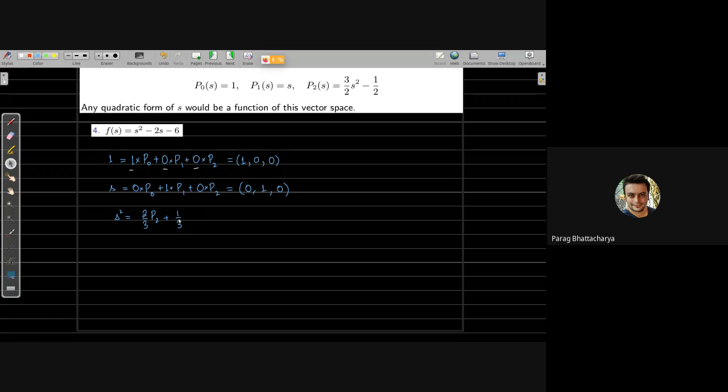This 1 by 3 is what is left behind, and there is a P2 here. This 1 by 3 into 1, and this 1 is nothing but P0. So I'll just put a P0 here.